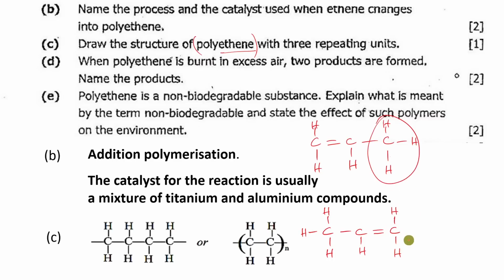Sometimes they can just write it like this. They'll write the two C's, 1, 2, and put a double bond here. Then this one going here, they'll put a C here.